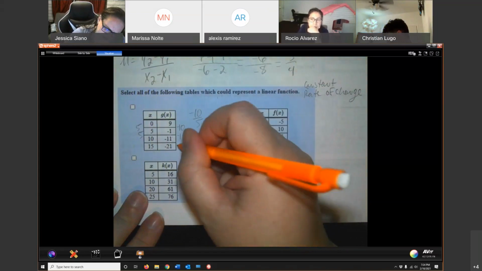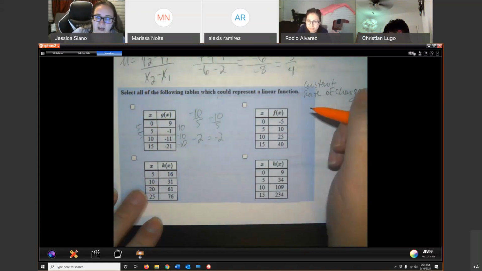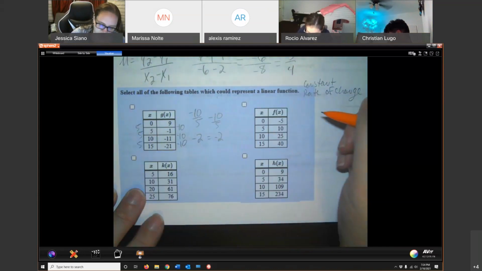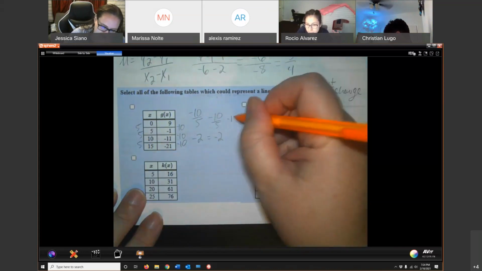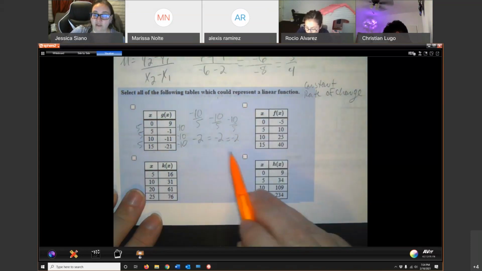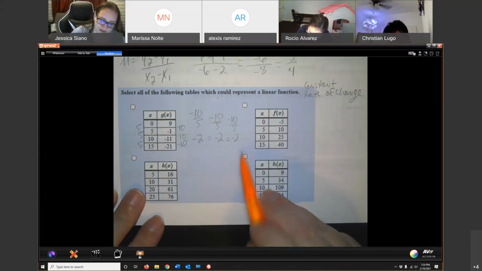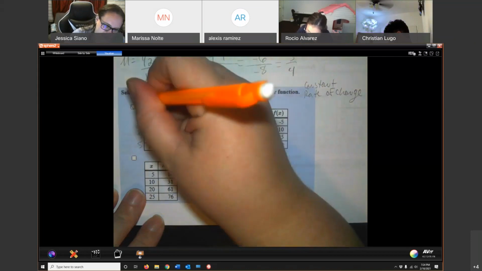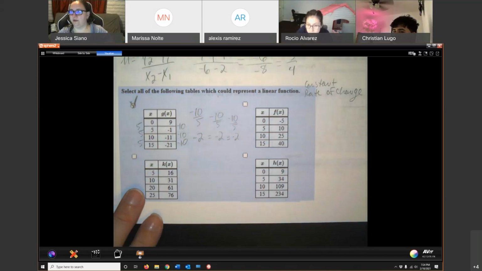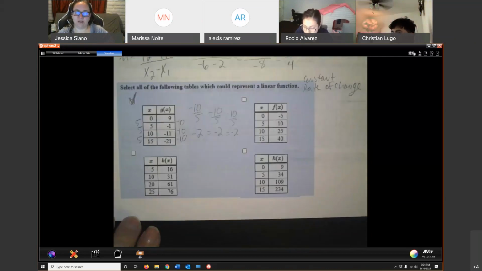From negative 11 to negative 21 would be negative 10, and from 10 to 15 would be 5. So we again have negative 10 over 5, which is again negative 2. Since all of those are the same, that means this is linear. If even one of them is different, then it is not linear.